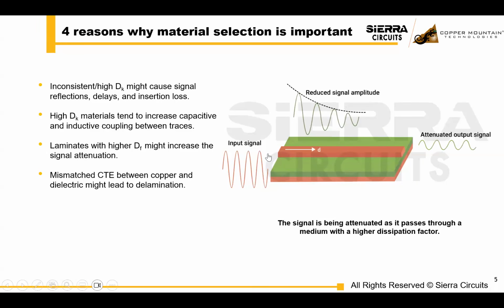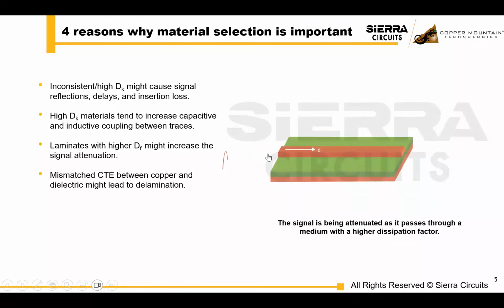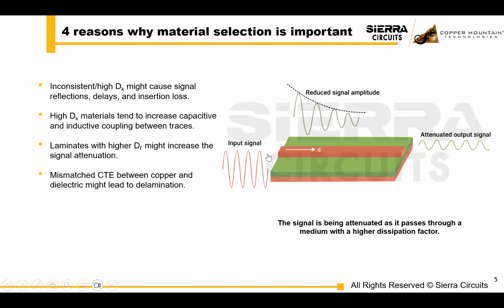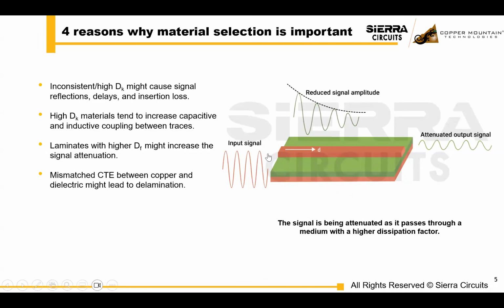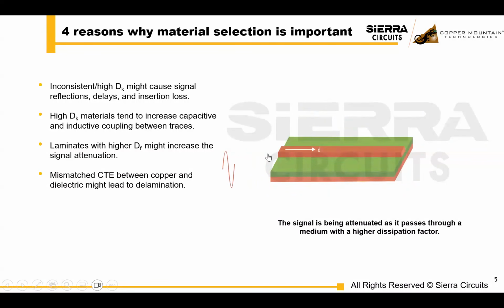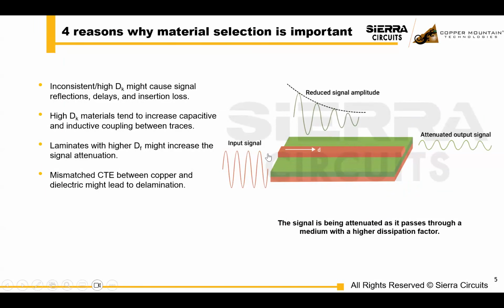Selecting a material with a higher dissipation factor will increase the risk of signal attenuation, so you don't want to do that. Also, you have to be aware of the CTE of the copper and dielectric. If they don't match, you can have separation even after the build of the PCB.